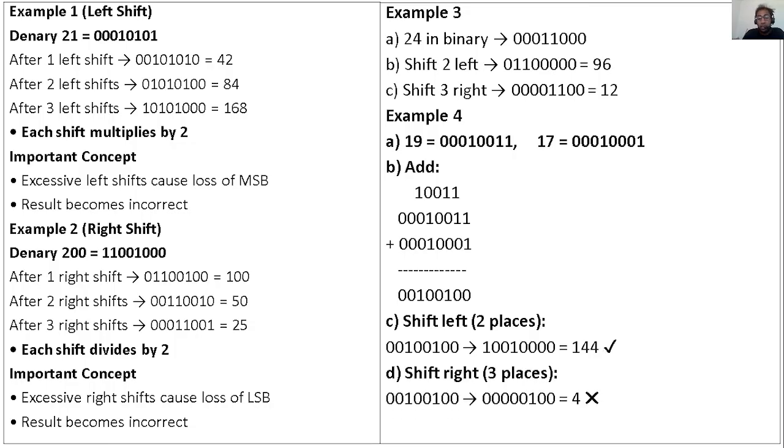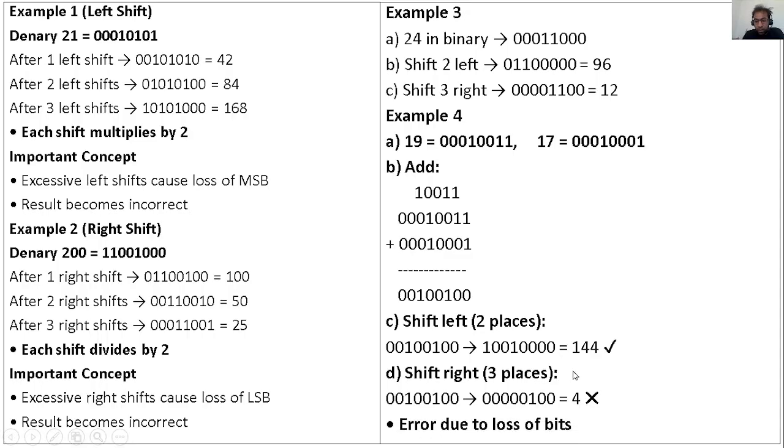Now we are shifting 3 places to the right. Let's see what our answer becomes. If we shift 3 places to the right, our answer should become 18. Let's see how. And this answer will be 4. That will be a wrong answer if we give 4.